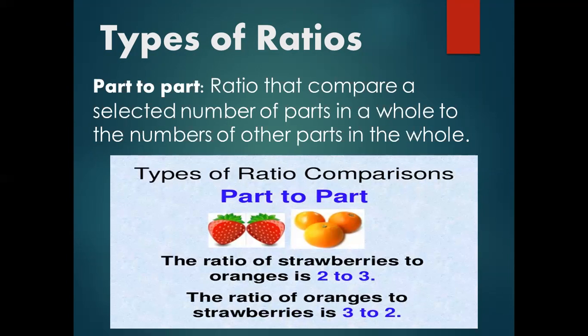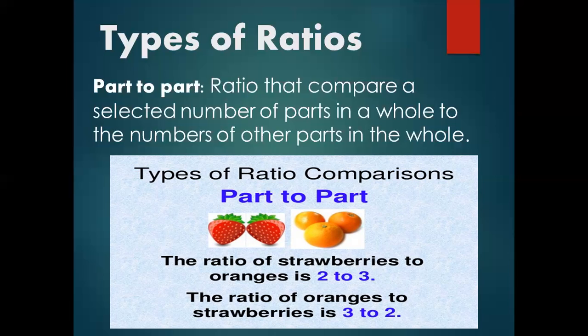Let's take an example. First type of ratio comparison is part-to-part comparison. As you can see here, the ratio of strawberries to oranges is 2 to 3. Or in another way, we can compare the ratio of oranges to strawberries, that is 3:2.